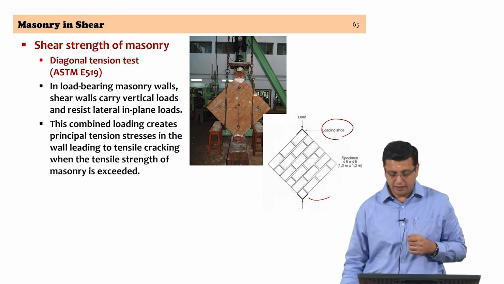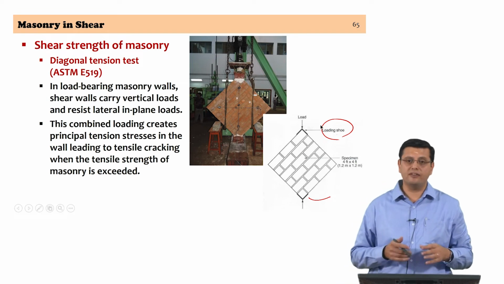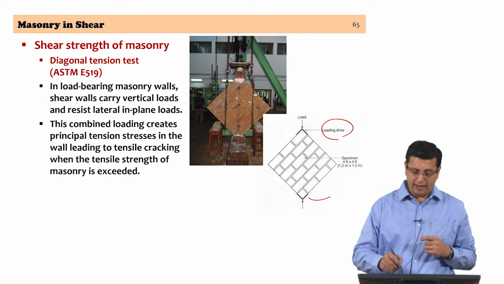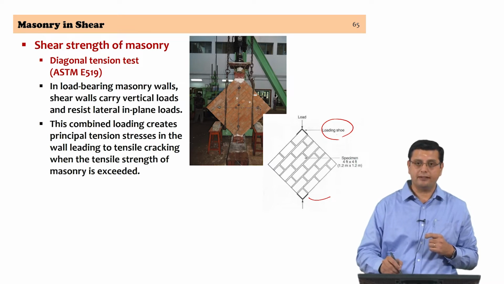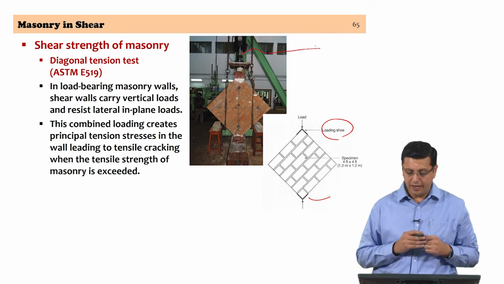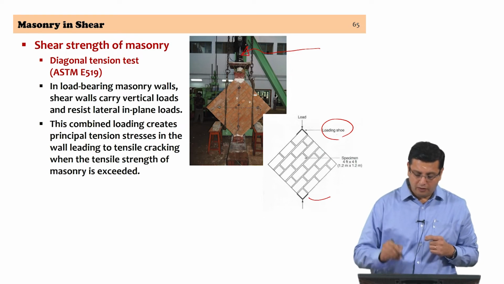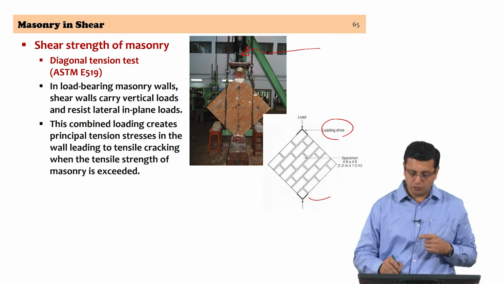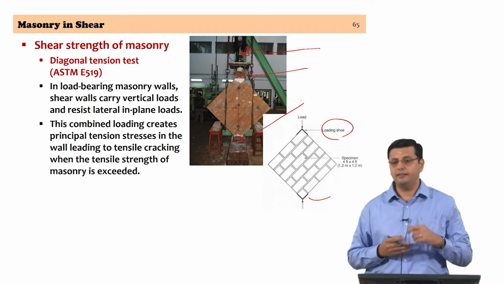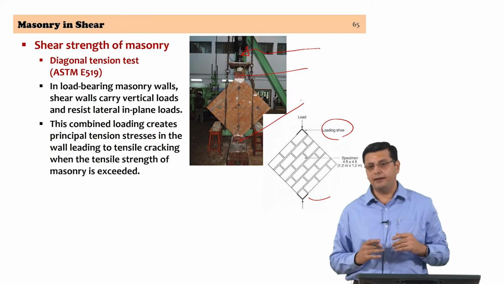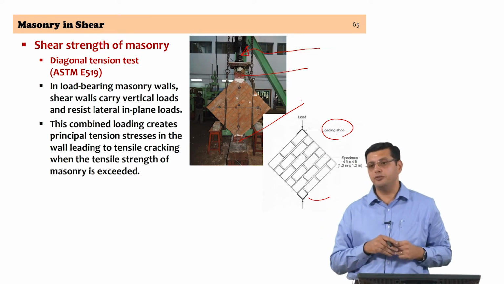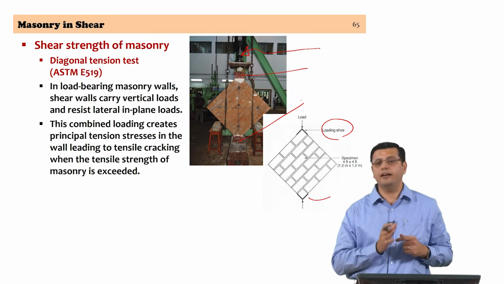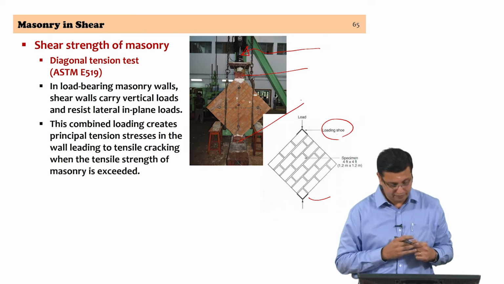As you see in the photograph here, axial compression is being applied using the actuator at the top. The loading shoes are seen at the top and the bottom, and these subject the masonry panel along the diagonal to compression, and failure is going to be due to the tension across the diagonal itself.